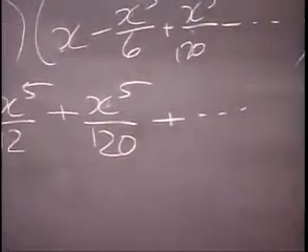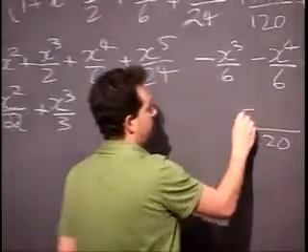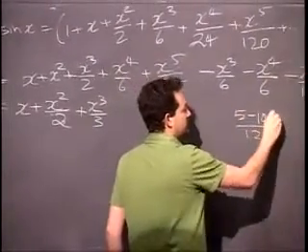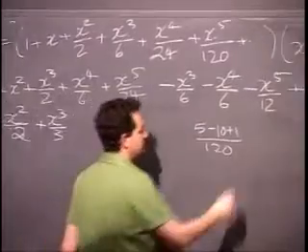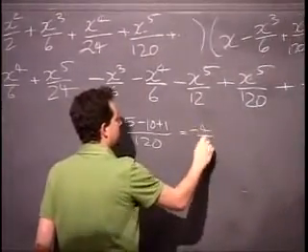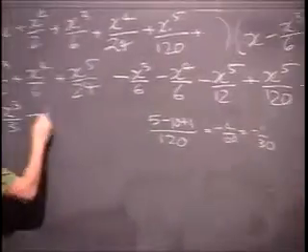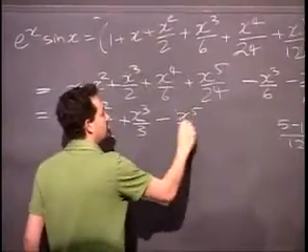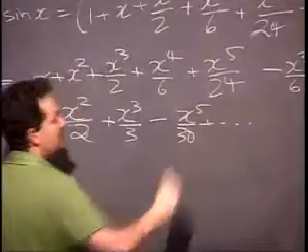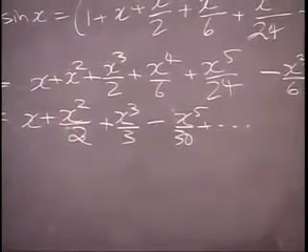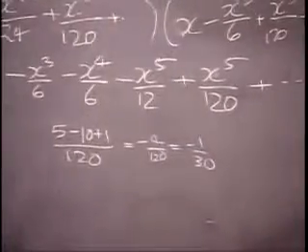So how many is that? It is 5 minus 10 plus 1. So that's minus 4 over 120, which is minus 1/30th. And so I believe minus x to the 5 over 30, and so on. And there are the first 4 non-zero terms of that product.